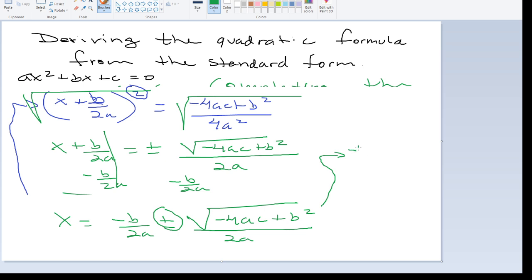So we have negative b plus or minus the square root of b squared minus 4ac, all over 2a. And this is what we call the quadratic formula.